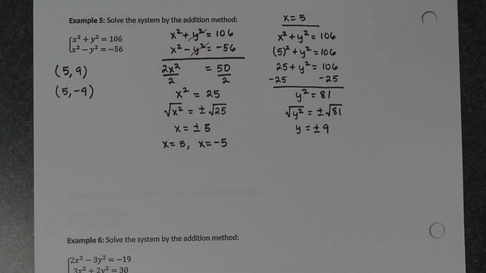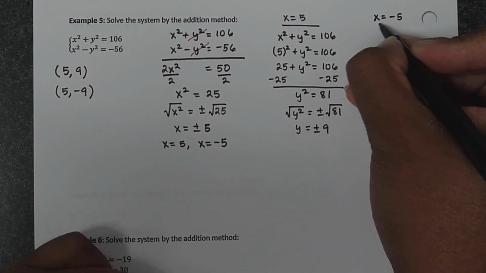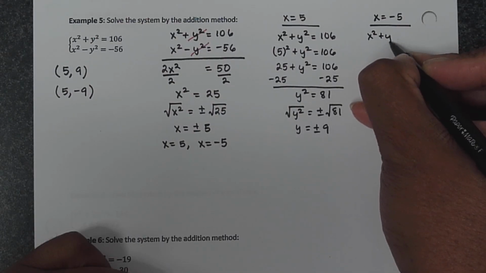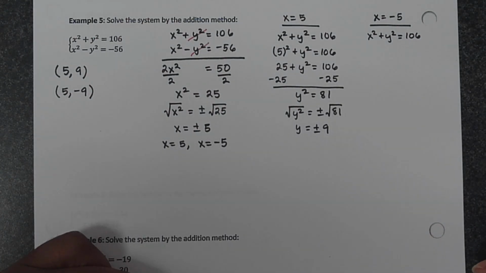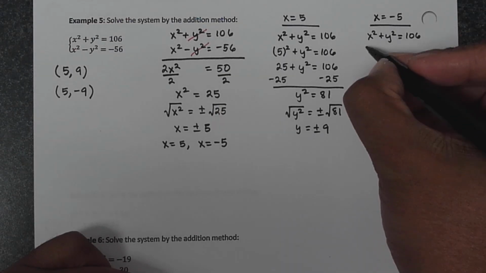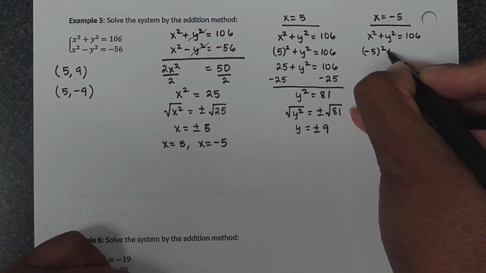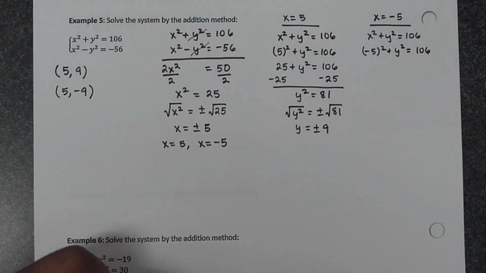All right, so now let's find out what our other ordered pairs would be after replacing the x with negative 5. I'm still going to use x squared plus y squared equals 106. This time I'm substituting the x with negative 5, so it'll be negative 5 squared plus y squared is equal to 106.